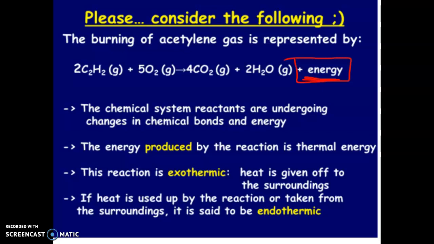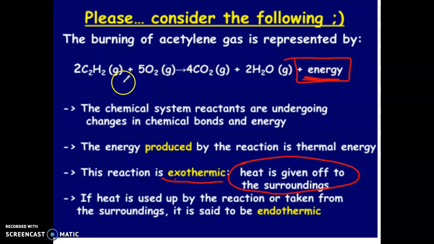When energy is being produced in a reaction, we can sometimes write it as if it is a product. If you see energy on the product side of a reaction, that's indicating an exothermic process, meaning energy is being given off to the surroundings.